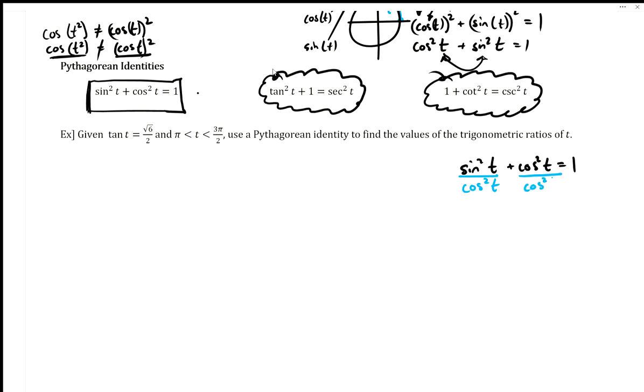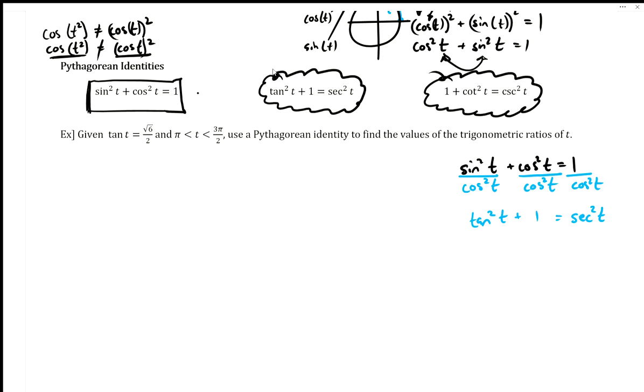So if all of these get divided by cosine squared of t, then sine over cosine is tangent, but they are both being squared, so tangent would still be squared. And then cosine squared of t and cosine squared of t, those are the same thing, so divided by itself is 1. And then 1 over cosine, we know that's secant. However, it's being squared, so keep it squared. So secant squared of t. So that's where that second one comes from.